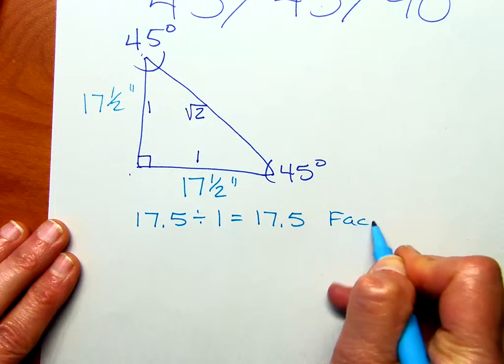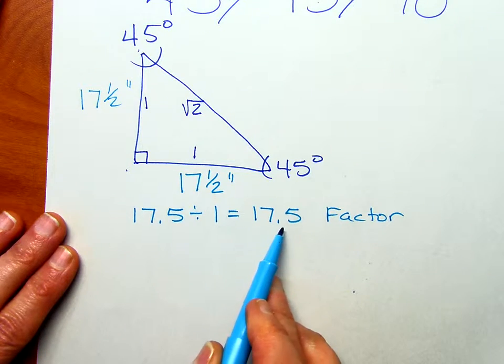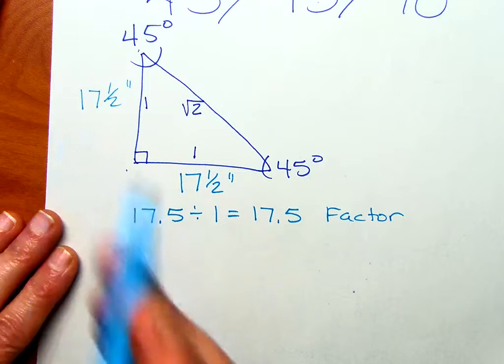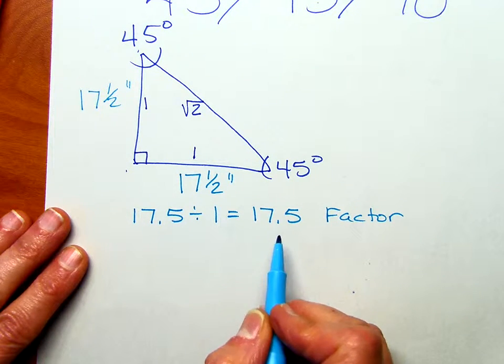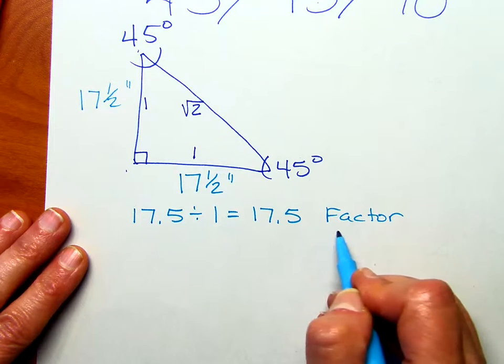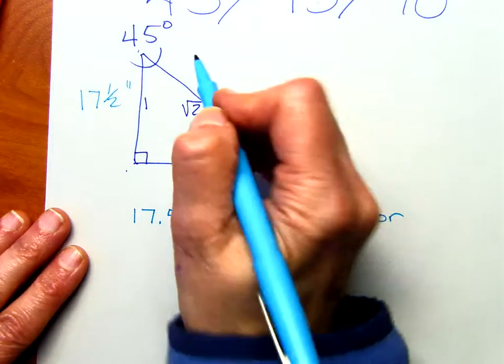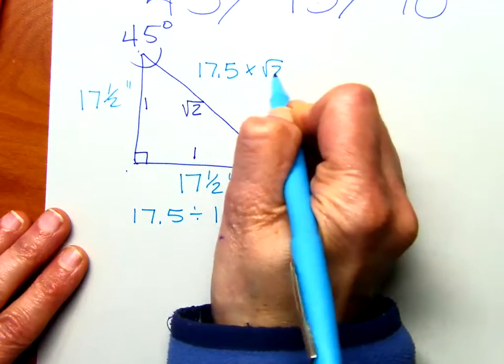Okay, so this is your factor. Now, because we know that both the A and B are the same, I'm just going to write 17.5. But now that you have a factor, what you'll do is multiply, and factor basically is the number that's being multiplied. So you're going to multiply this 17.5 times the square root of 2.